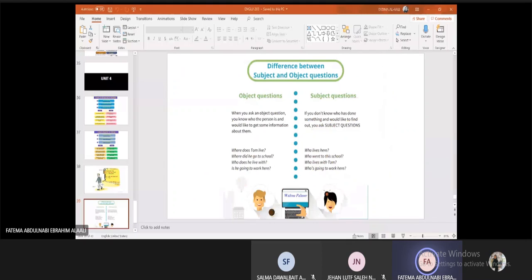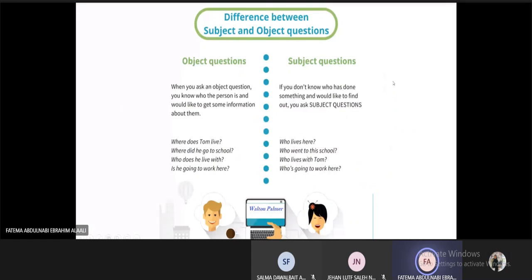Okay. So the difference is for the object questions, okay, when you ask an object question, you know who the person is and would like to get some information about them, okay? Like, where does Tom live? Okay. Did he go to school? Who does he live with? Is he going to work here? Okay. We always put the helping verb: does, did, is.